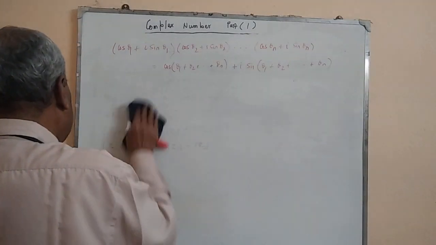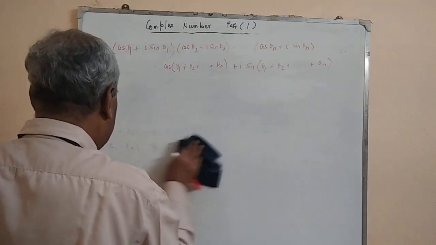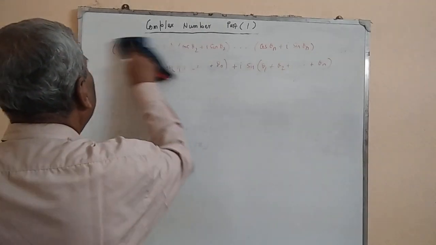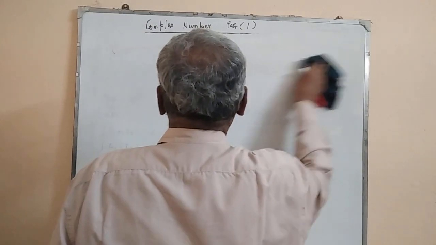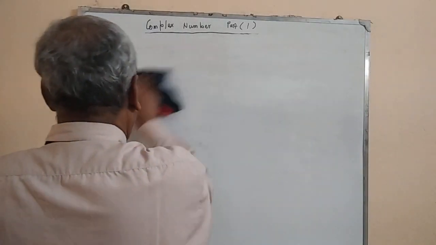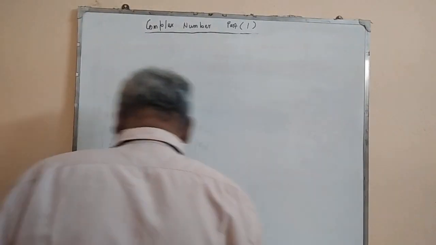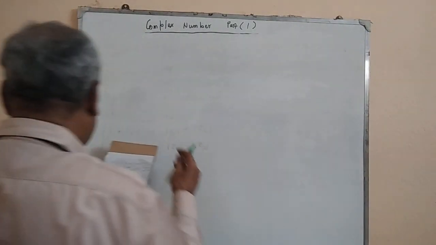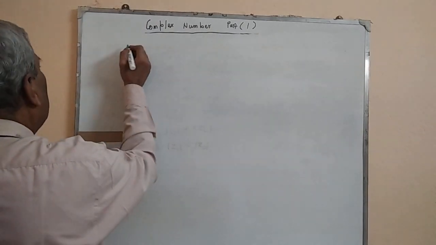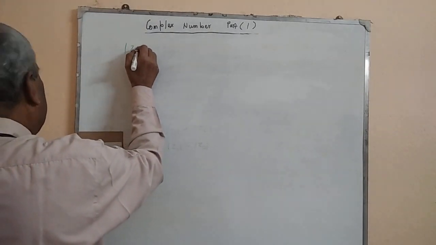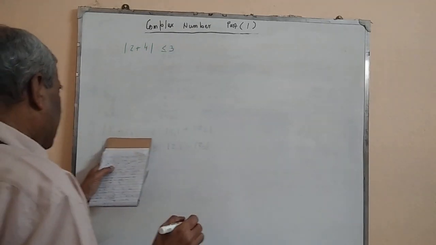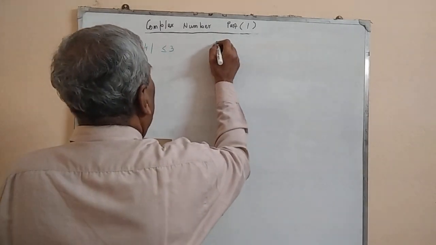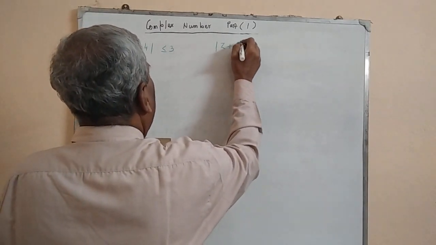Now the first problem is: if mod of z plus 4 is less than or equal to 3, then what is the maximum value of mod of z plus 1?